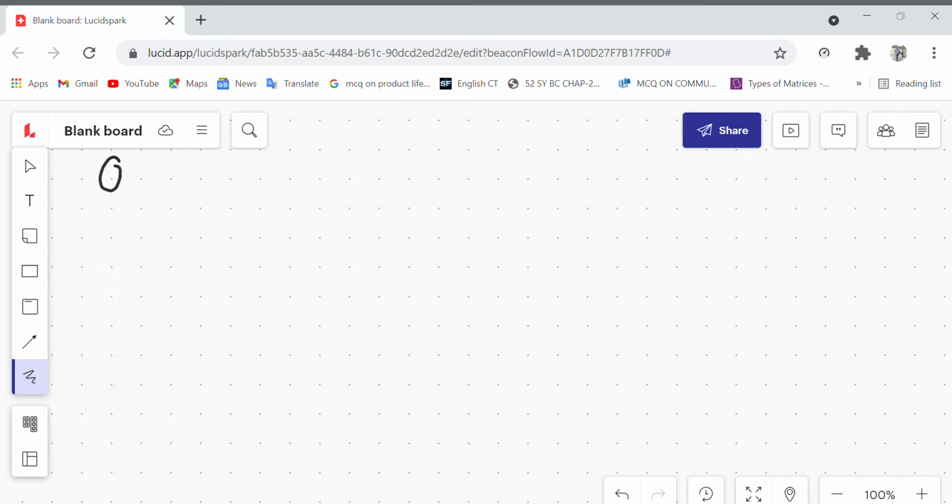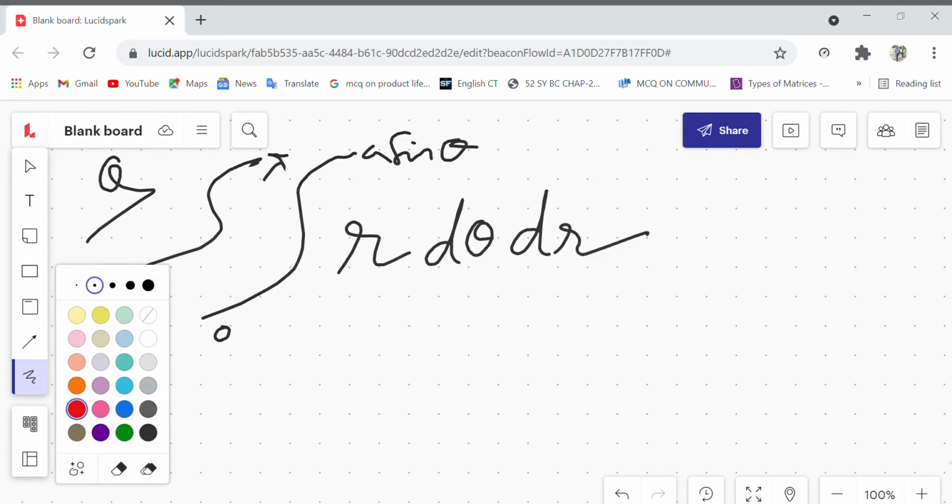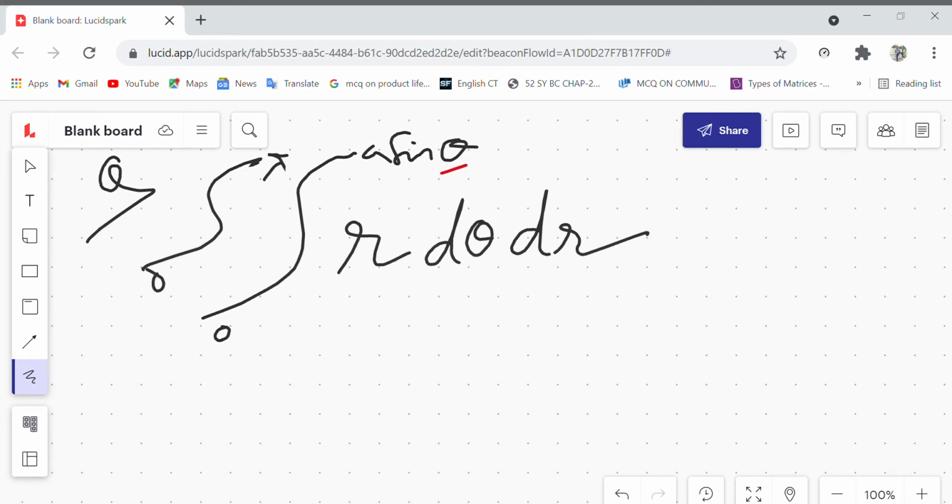So the question is integration of 0 to pi, then again integration of 0 to a sine theta, then r d theta dr. What I was basically telling you is that here we can see theta, so don't go ahead and give d theta 1 and d theta 2.